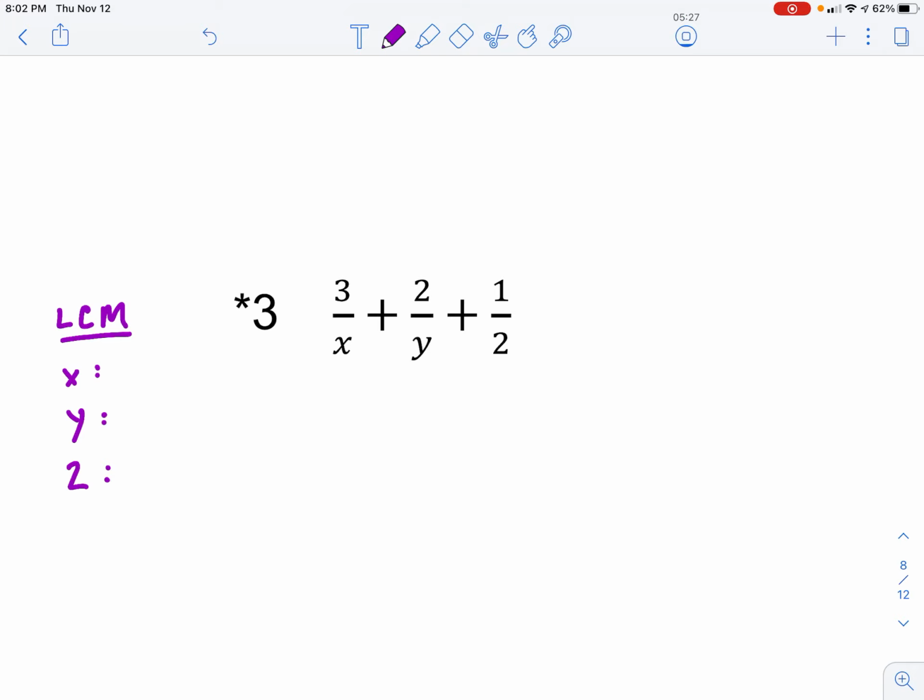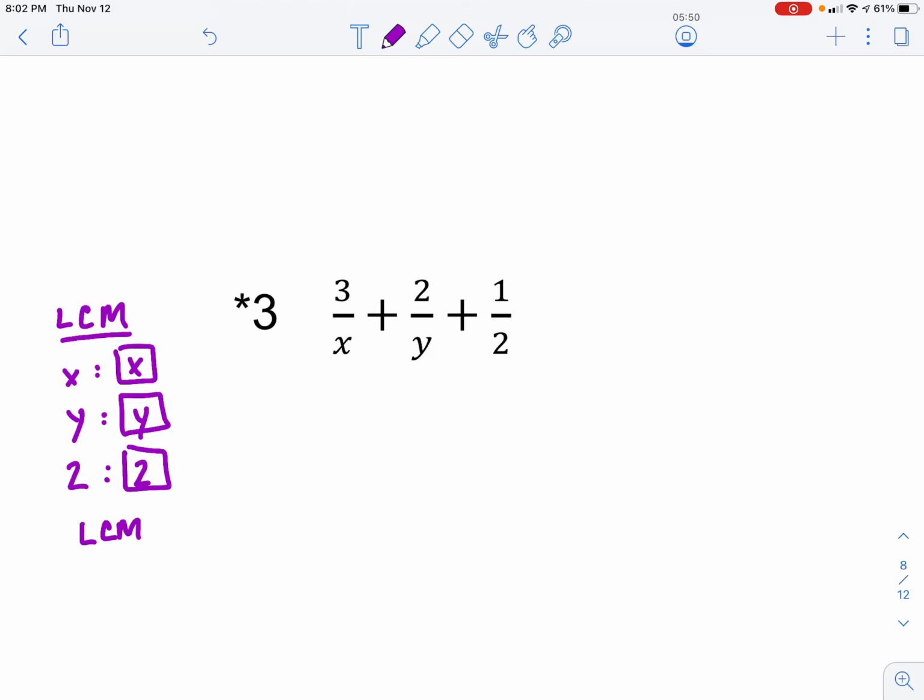We list the variables in a way that shows they have an exponent of 1. Well, these are nice because they're already that way. I really don't even have to rewrite these, but I want to do it this way to help you see. All right, so we take every term that occurs the most, and in this case, x, y, and 2 all occur only one time.